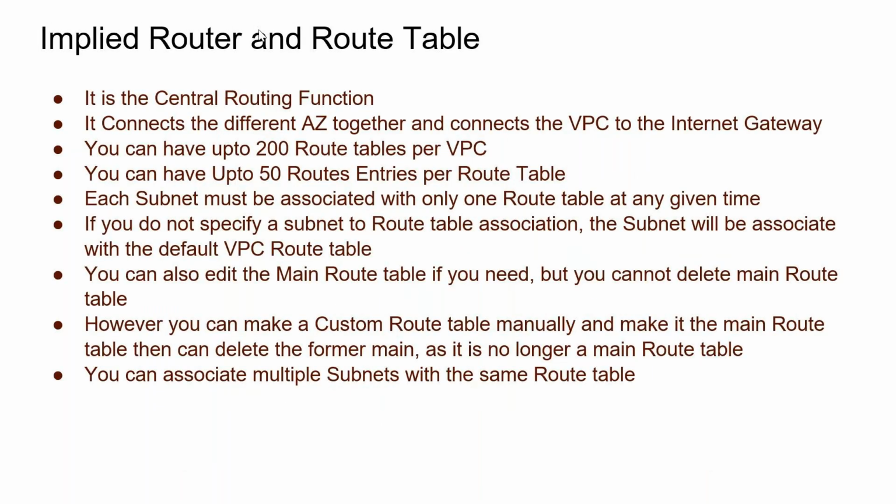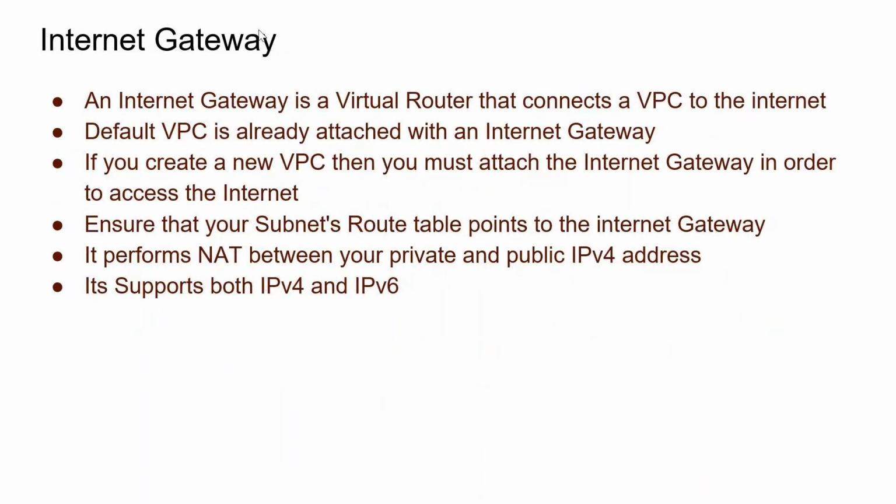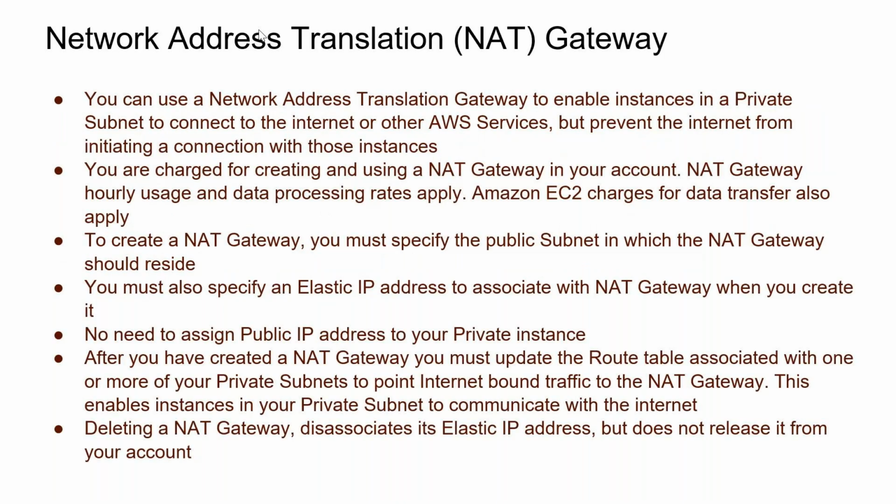Yesterday we understood what is internet gateway, and today we will try to understand what is network address translation. In short, we say NAT gateway. So what is it? You can use a network address translation gateway to enable instances in a private subnet to connect to the internet or other AWS services, but prevent the internet from initiating a connection with those instances.